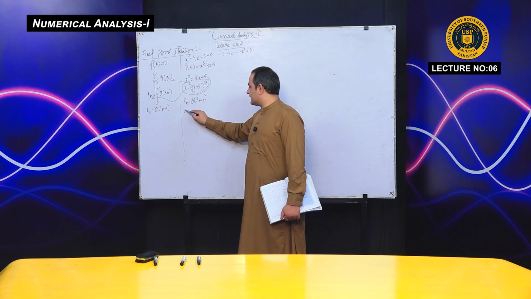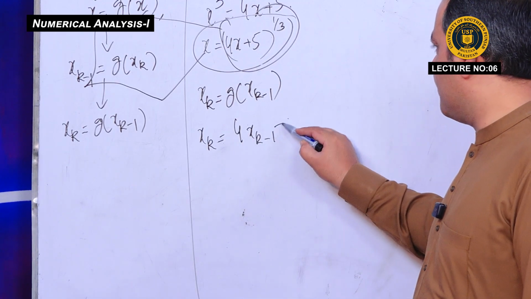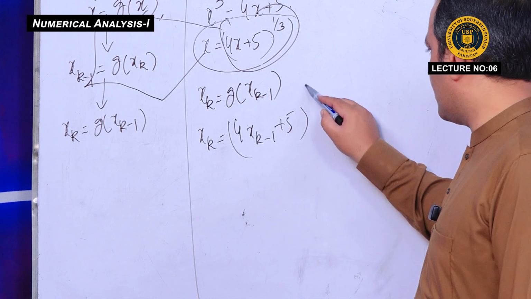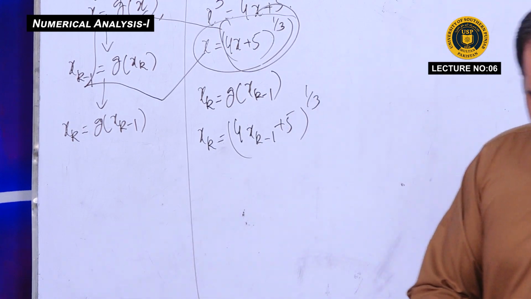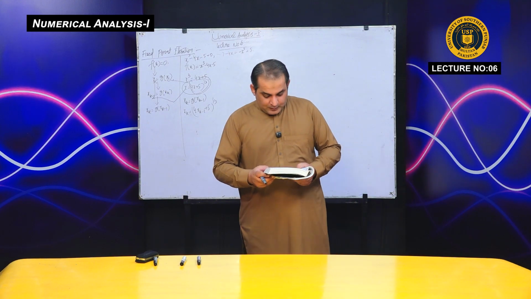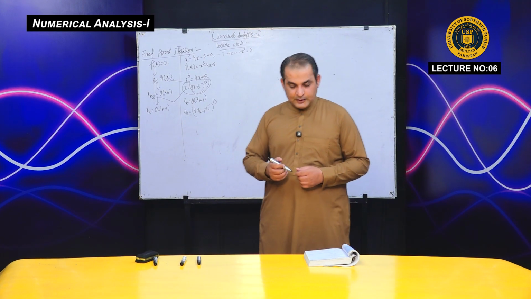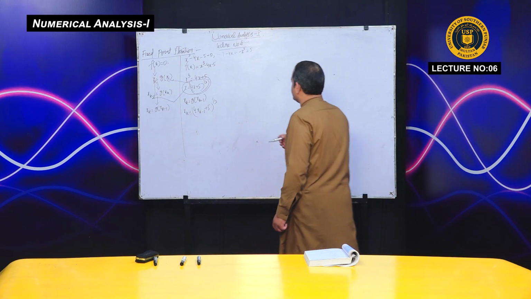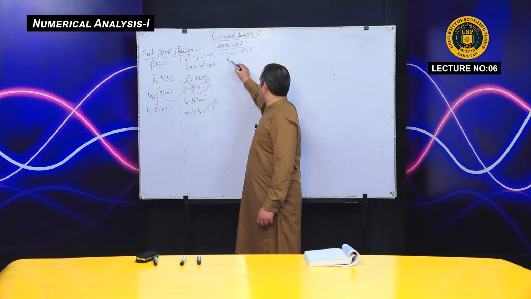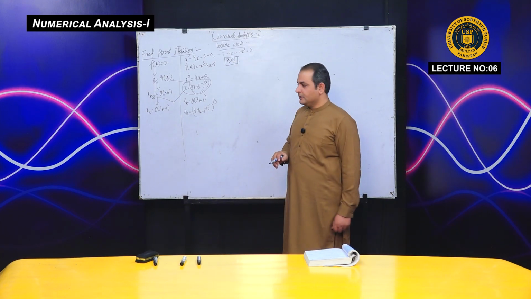So you have x k equals 4x k minus 1 plus 5 power 1 by 3. Now you have to do the first iteration. You are given the initial guess x naught equals 1.